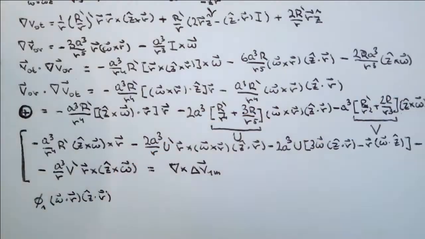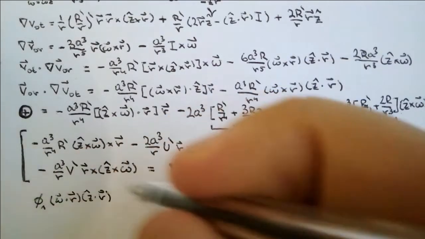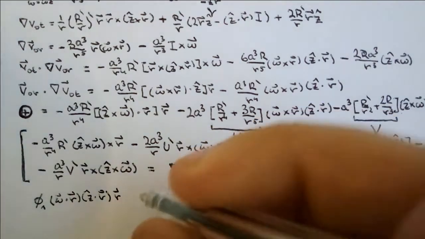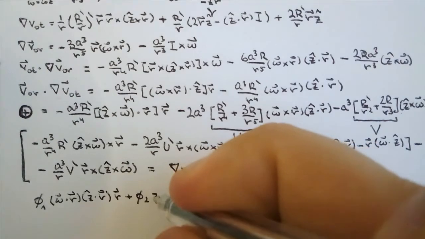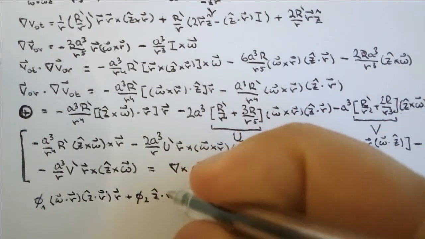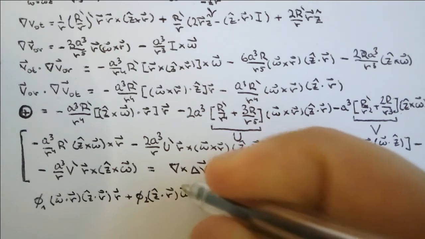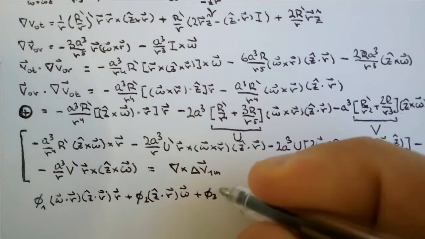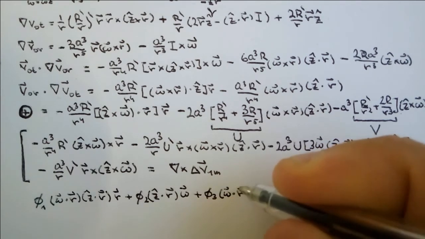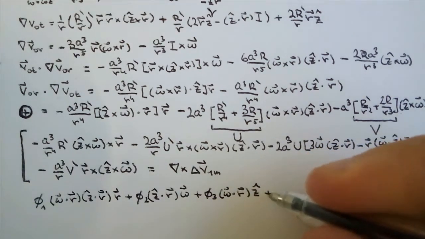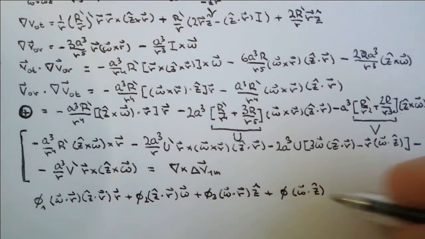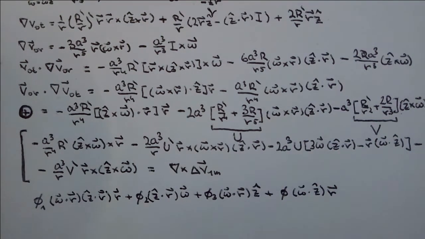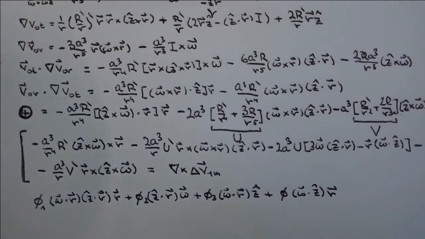There is the r vector, plus a second function of just r times z hat dot r omega, plus the third, omega dot r z hat, and the fourth one is omega dot z hat times r vector, our position vector.